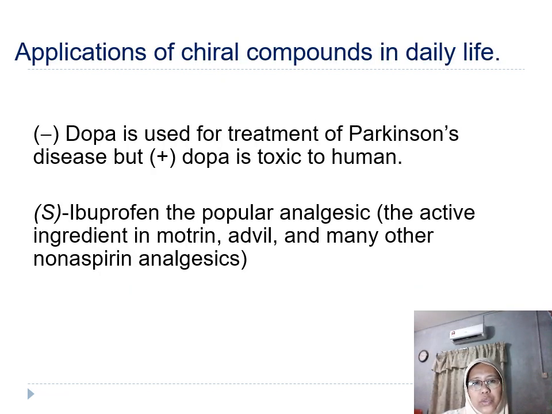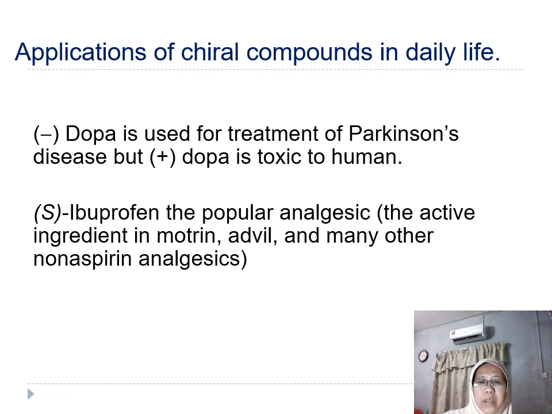These are two examples of applications of chiral compounds in our lives. In the hospital, they use negative dopa for the treatment of Parkinson's disease, but positive dopa cannot be used because it's toxic. And then S-ibuprofen is the popular analgesic, whereby the active ingredient is in Motrin, Advil, and many others.